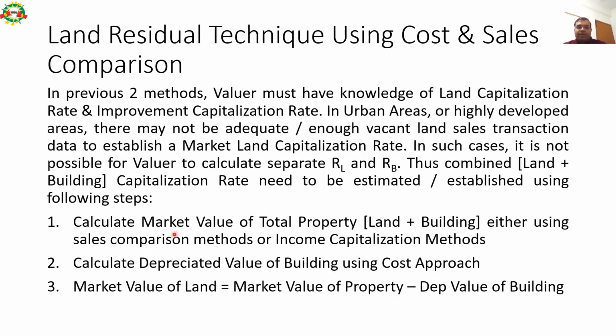First, calculate market value of total property, which is land plus building, either using sales comparison method or income capitalization method, which we have discussed in previous sessions. Calculate depreciated value of the building using cost approach. In detail we will discuss in a subsequent session, but the relevant portion we will discuss in the current session. Then market value of land will be equal to market value of property minus depreciated value of the building.